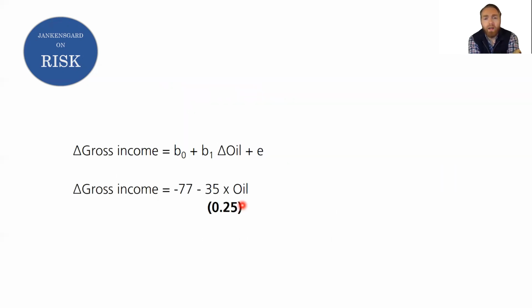Having run a regression now, just a single regression of gross income on the oil price, we're beginning to see some results already. Note the change operator here. We're looking at changes in gross income as a function of changes in the oil price. Based on our prior understanding of this company, we might expect a positive coefficient, that this company benefits from increases in the oil price.